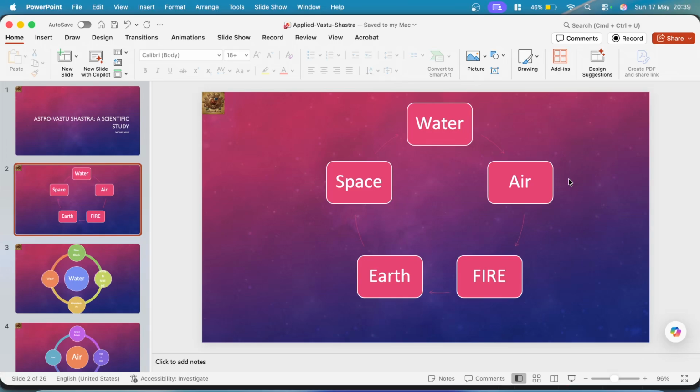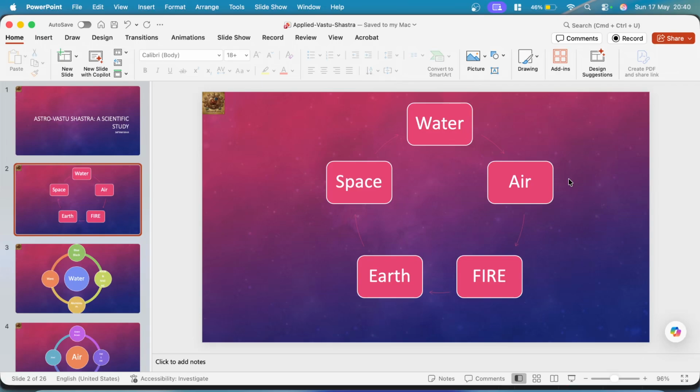Whatever liquid is present in your body, or outside your body, is the water element, so you have to know its impact. Air element is anything we breathe, oxygen, and carbon dioxide is present in the air. All kinds of gaseous things are governed by the air element.